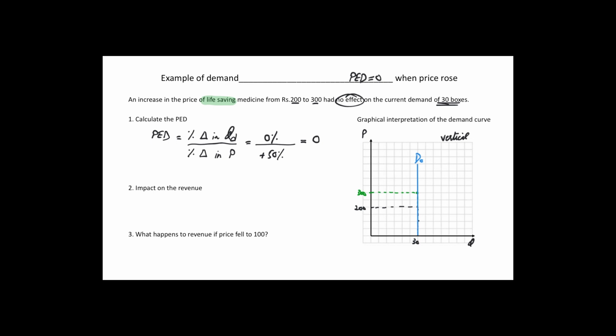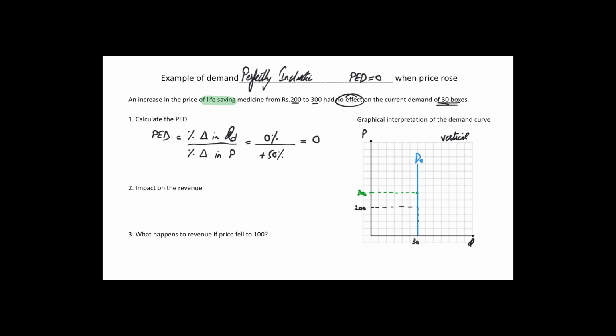In fact, the 0 represents that the demand curve is perfectly inelastic. That's the name for it. It's not just inelastic, it's perfectly inelastic, because change in quantity is going to be nothing.